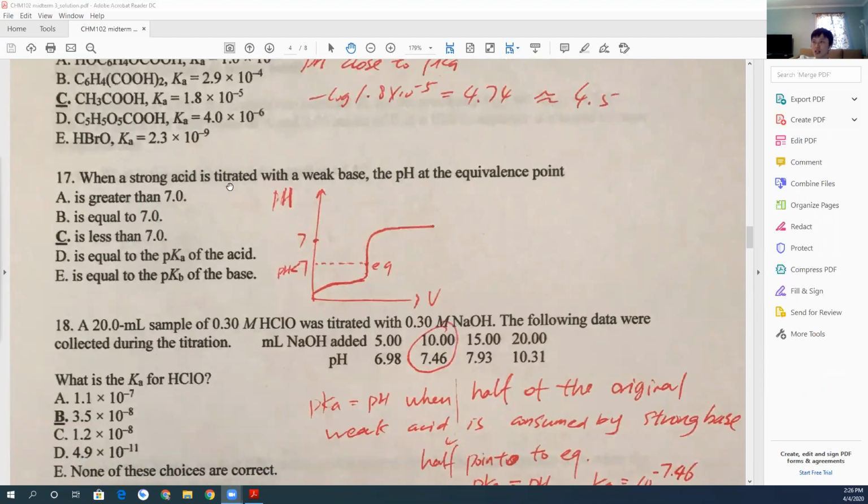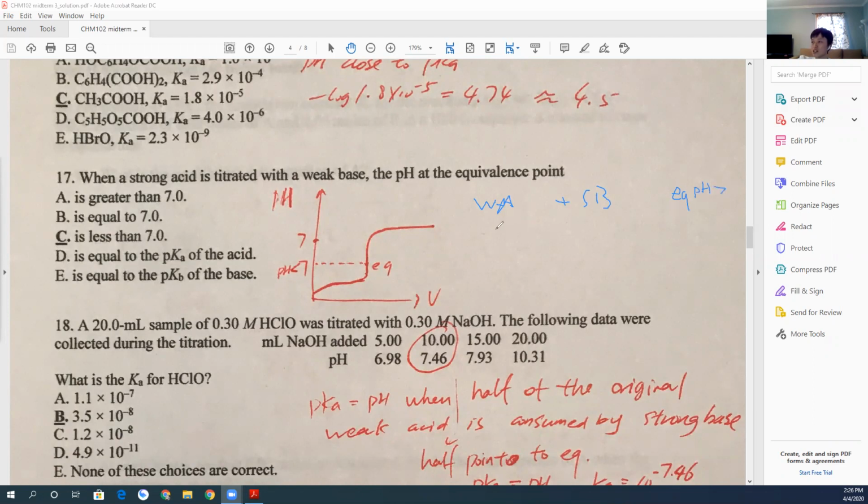Number 17. When a strong acid is titrated with a weak base, the pH at the equivalence point will be less than 7. When you titrate a strong acid with a strong base, the equivalence point pH is equal to 7. If you titrate a weak acid with a strong base, the equivalence pH is greater than 7.